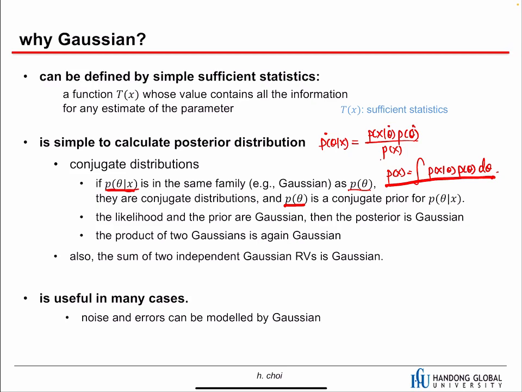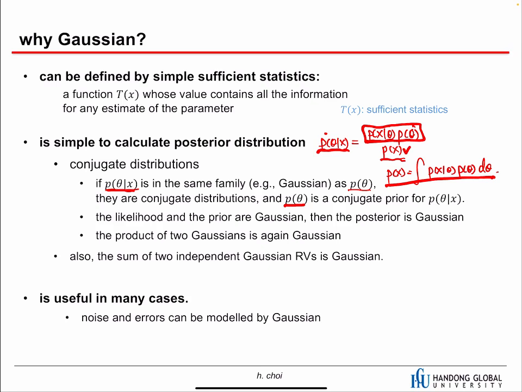We don't need to calculate this p of x in this case. Look at this one. P of x is marginalizing this part to make the posterior a distribution. If this one is a Gaussian, we already know that, and then what we need is mean and variance. So simply we can calculate posterior distributions without this term.